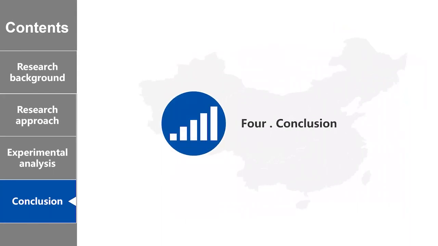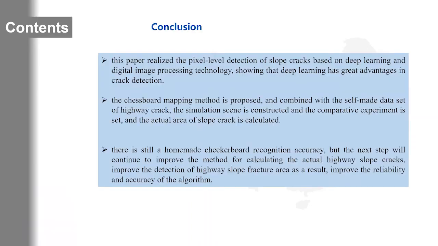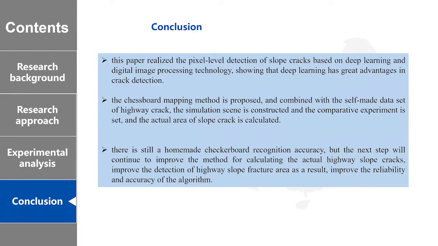And finally, the conclusion. According to the characteristics of slope cracks, this paper realized pixel-level detection of slope cracks based on deep learning and digital image processing technology, showing that deep learning has great advantage in crack detection.